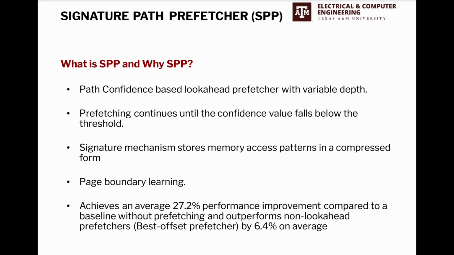One of the important aspects of SPP is its confidence value, and the way it works is that the SPP keeps prefetching until confidence value falls below a certain threshold. Also, the study shows that SPP achieves an average 27.2% performance improvement compared to the baseline without prefetching, and outperforms non-lookahead prefetchers by 6.4% on average.